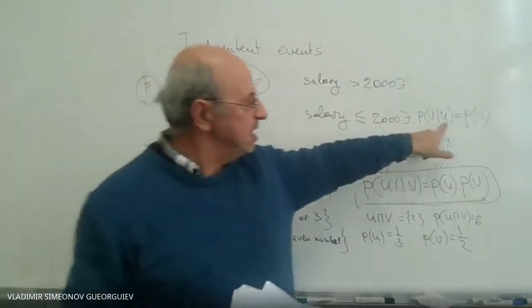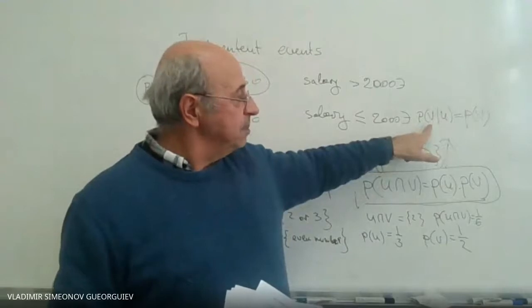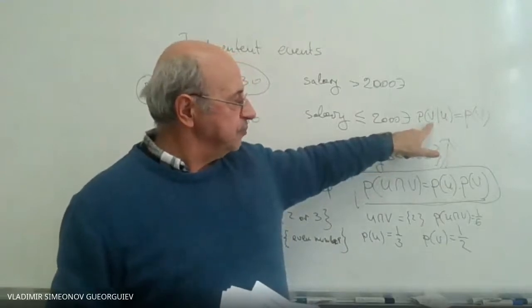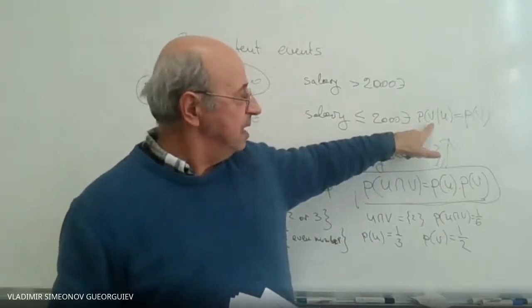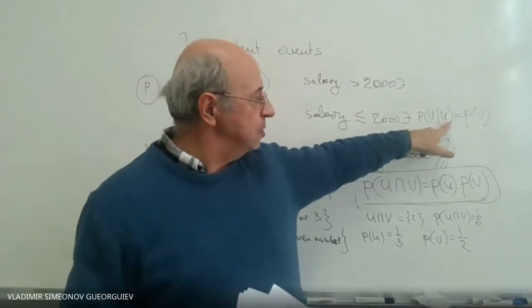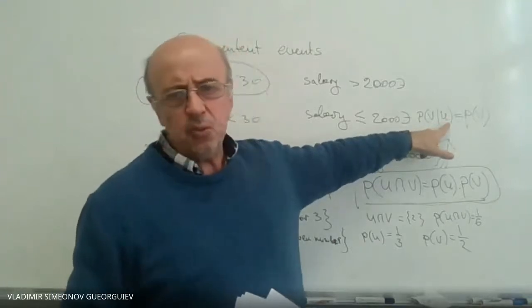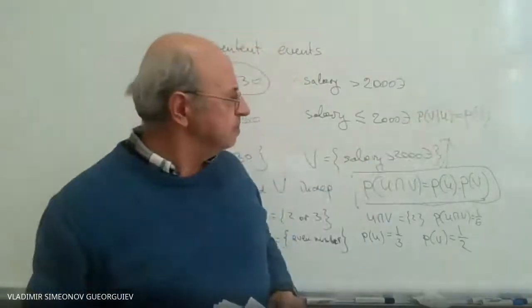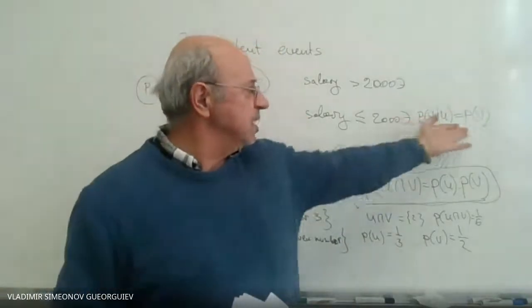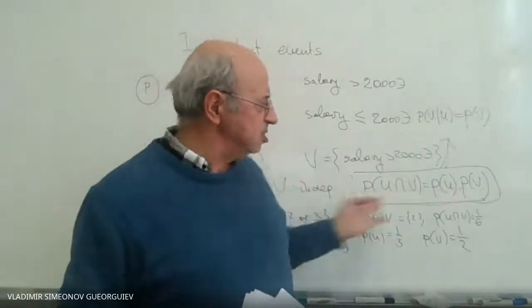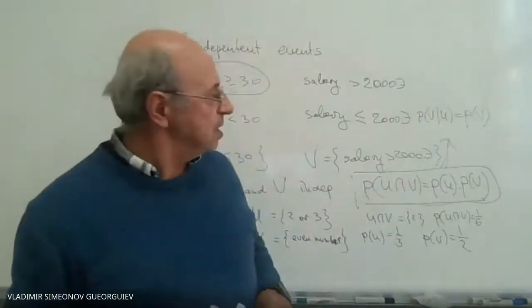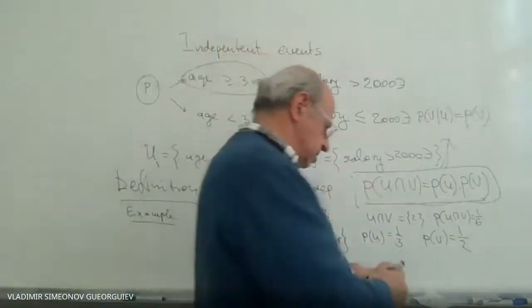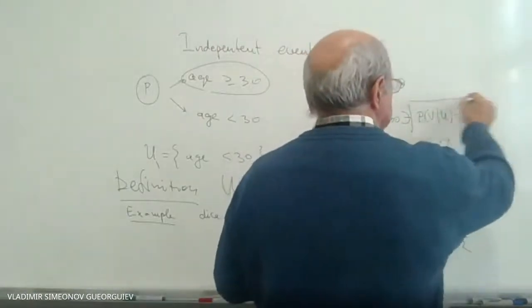And this means that the probability that event V happens when U holds is independent of whether or not U holds. So you have the same probability of V. And this also can be used as an interpretation of the definition, an equivalent relation.